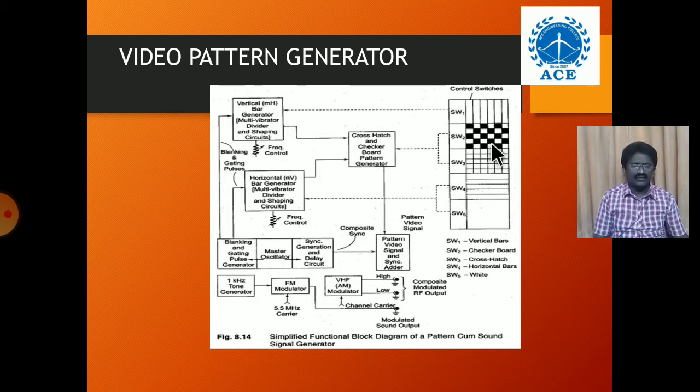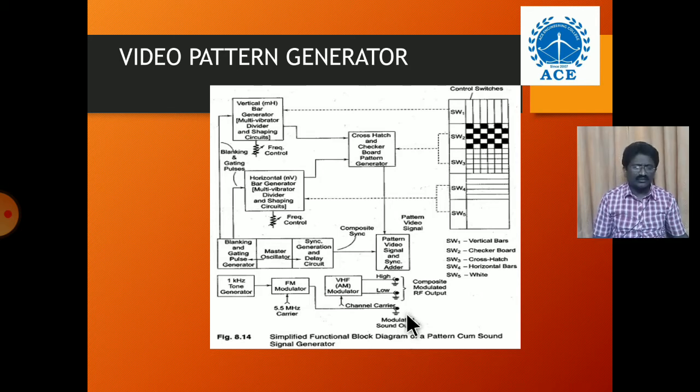In addition to this, FM sound signals are also provided in pattern generators for aligning sound sections of the receiver. So observe here, we have some frequencies also, with the help of a tone generator, FM modulator, and some channel carriers.